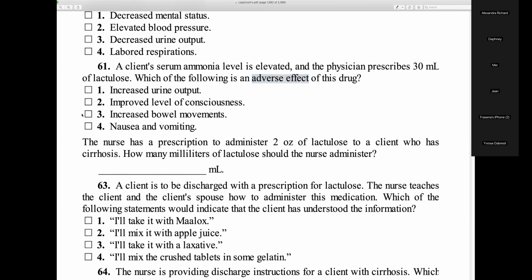So the correct answer is 3 because even on the study guide it says lactulose causes diarrhea. Okay. All right. So now let's go back to the study guide.